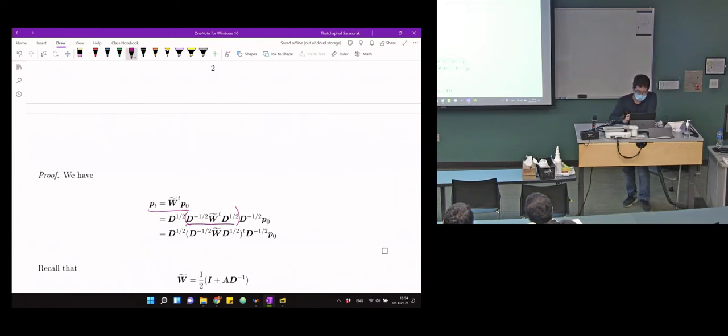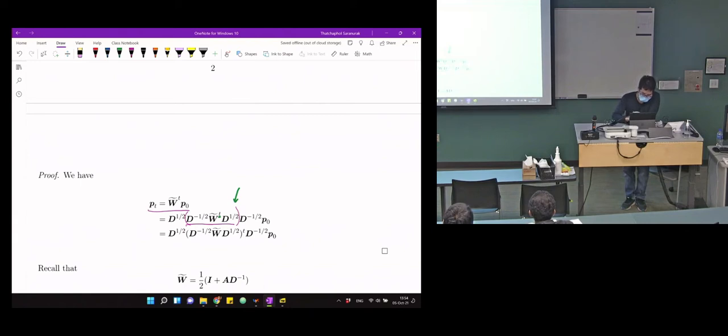This will be the same thing as here, where you have the power on W. If I do this whole thing to the power of t, then you can see it's the same as this thing in purple, because this thing and this thing will cancel out basically, right?